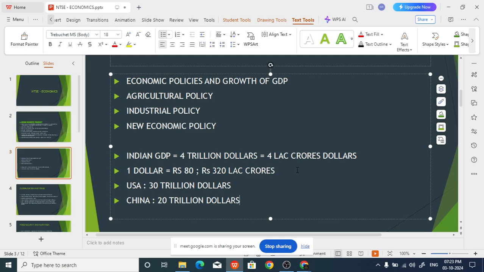So if you divide the GDP by the population and give that money equally, every US person will be 4 and 8, that is 32 times richer there.